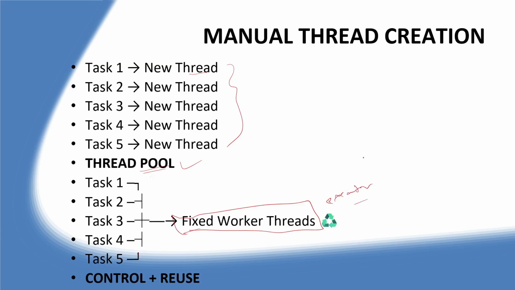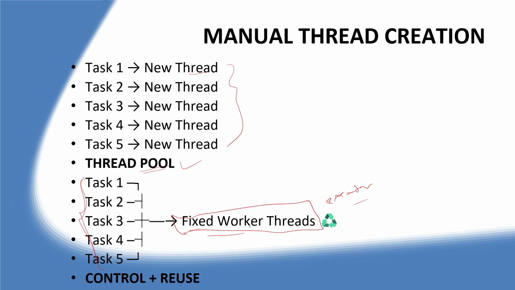With the thread pool, we submit tasks and allow the executor to manage the worker threads used to execute these tasks. So these 5 tasks will get executed by this fixed number of worker threads with the help of the executor. This separates two responsibilities. We define what work needs to be done, that is the task.